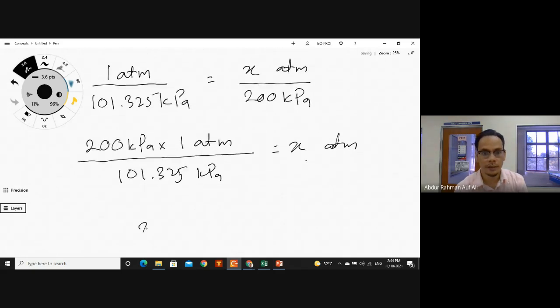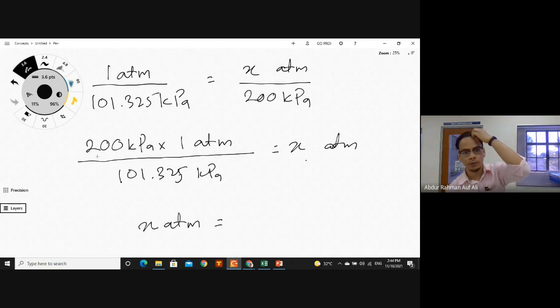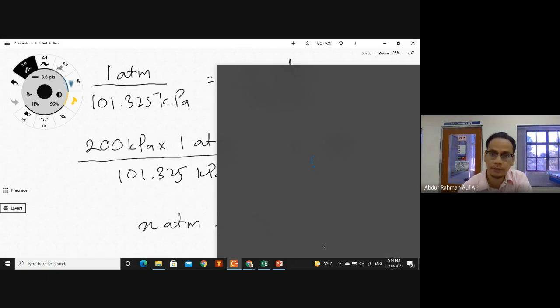So X ATM equals 200 times 1 divided by 101, and you have the value here. Okay, this is what we call cross multiplication.